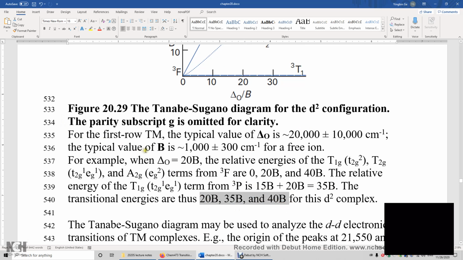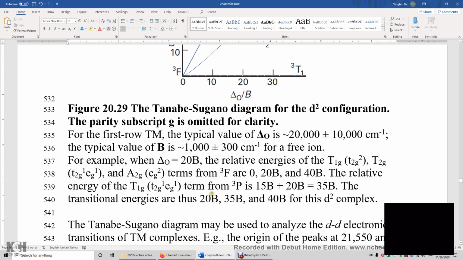There's three energies. And we learned that B over here is given to you. Let's say B is 1000 wave numbers. And then in the UV Vis spectrum of the D2 transition metal complex, the three peaks will have these wave numbers: 20,000 wave numbers, 35,000 wave numbers, and 40,000 wave numbers.